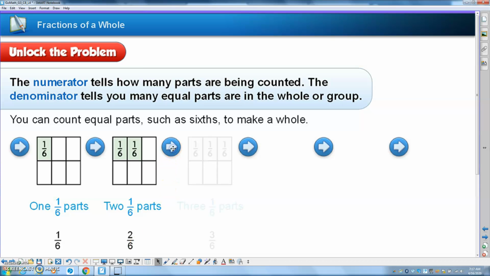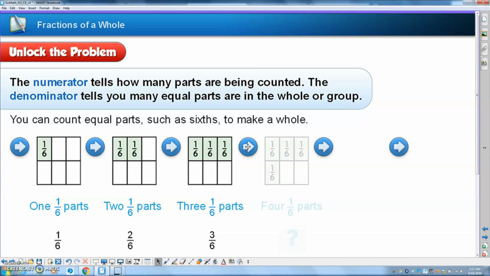We look at the next one. Each part is still 1/6. We now have 3 1/6 parts. So that fraction, to name those 3 pieces, would be 3/6.